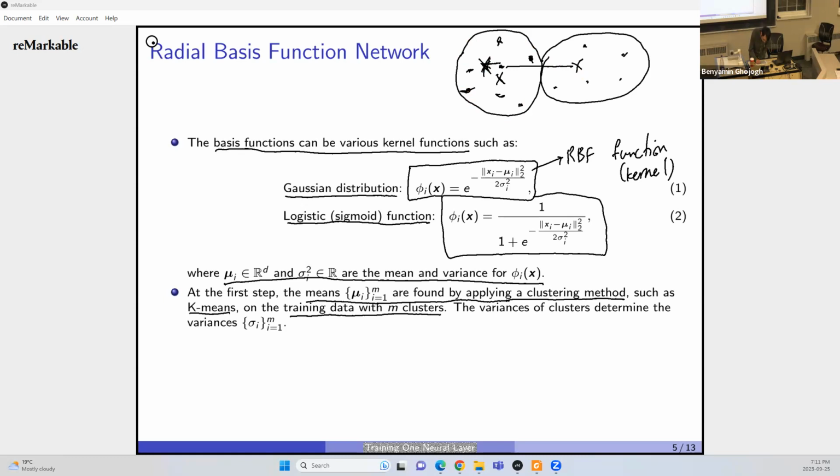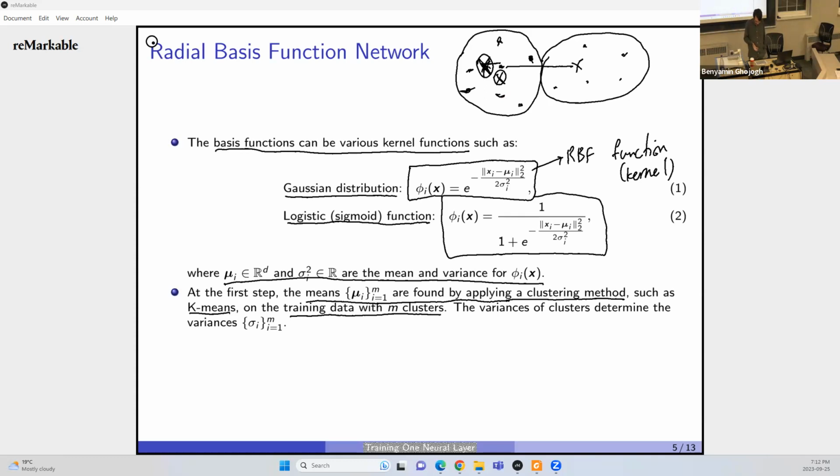So I update the cluster center from here to here, and then I reassign the points again. If you do this iteratively, the cluster centers will move to the right places, and it will cluster the data well enough. This is one of the clustering techniques, and one of the simplest ones.